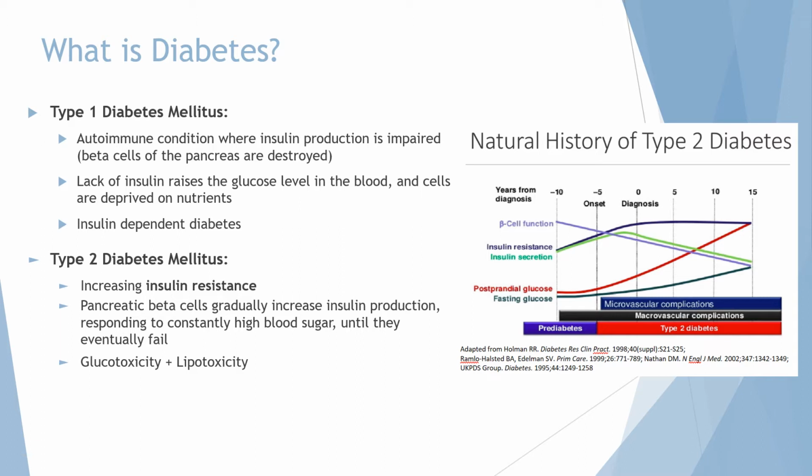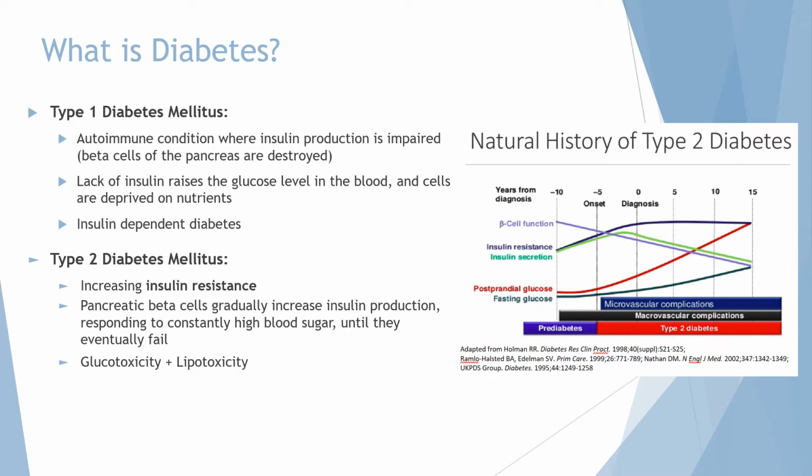Type 1, also known as insulin-dependent diabetes mellitus, is when the insulin producing cells in the pancreas are directly destroyed. So the immune system of the body attacks the beta cells of the pancreas. So there is less insulin responding to the level of glucose in the bloodstream.